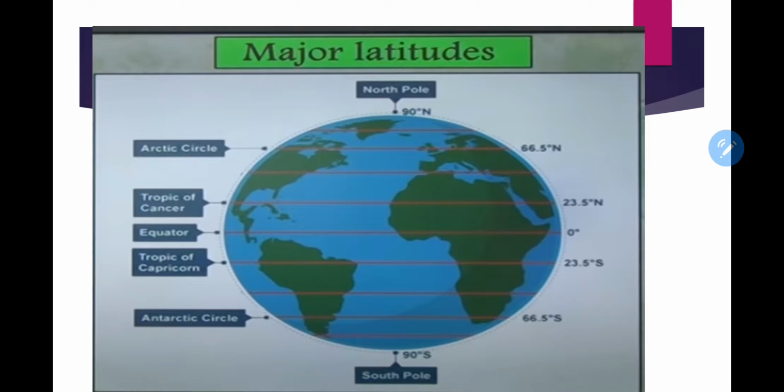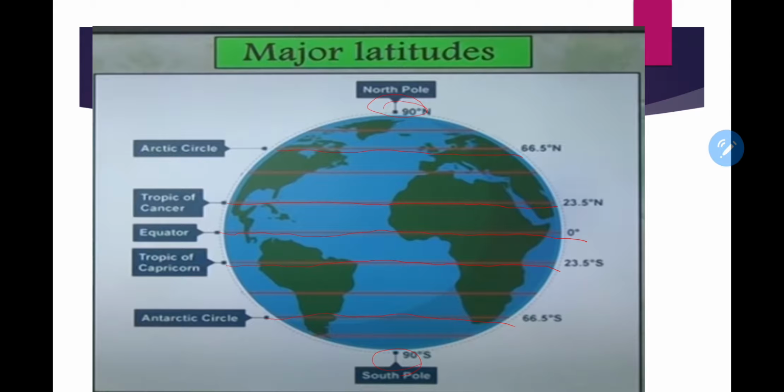Now, as we have learned about the major latitudes, they are equator, then Tropic of Cancer, Tropic of Capricorn, Arctic Circle, Antarctic Circle in the southern hemisphere, North Pole and South Pole.